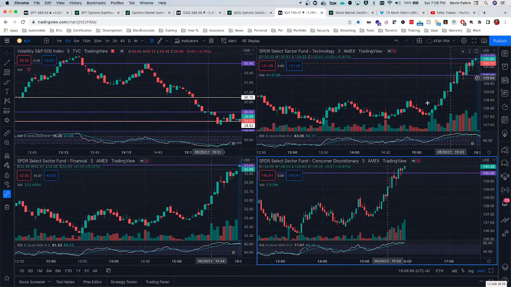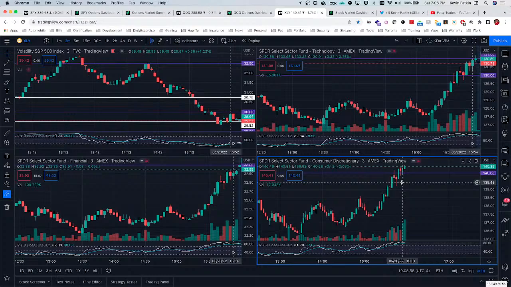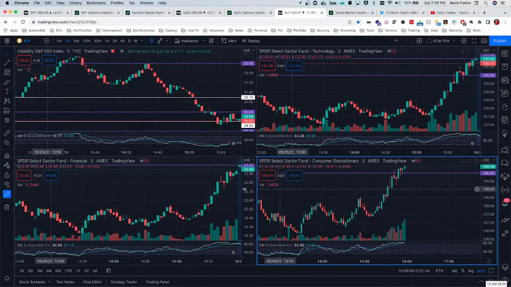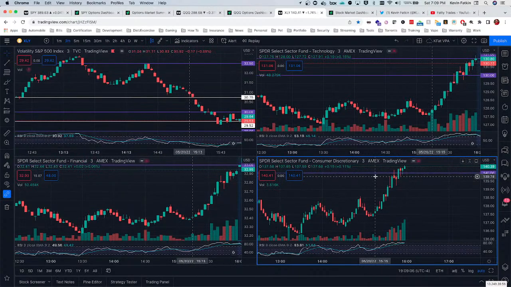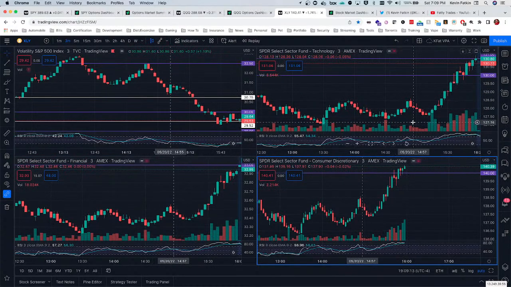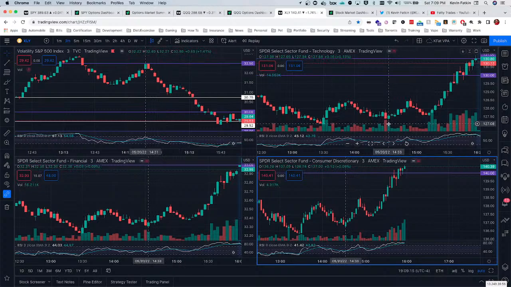So XLK, XLF, and XLY. That is technology, financial, and consumer discretionary sectors. And the big one for XLY is going to be Tesla. A lot of people think that's tech. That's actually an XLY.